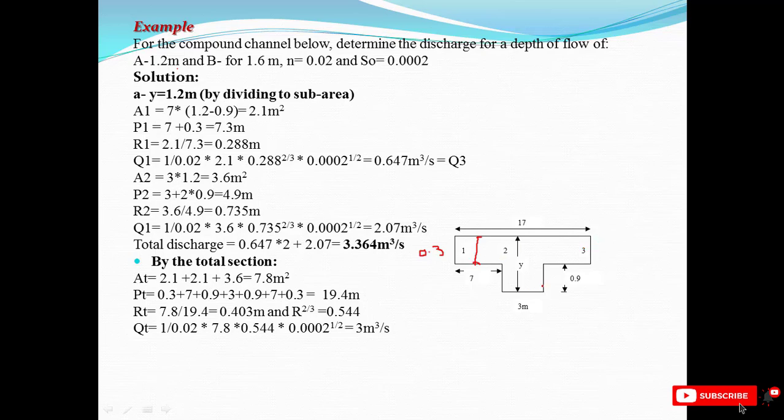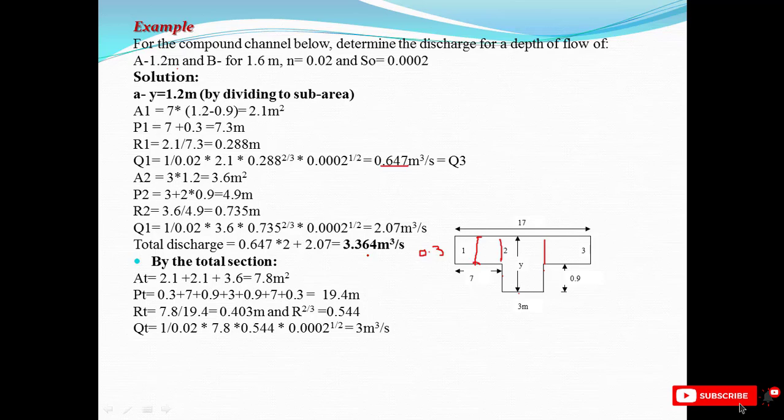For Q2, A equal to y, which is 1.2 times 3. P is equal to, instead of 1.2, because here and here we don't have a boundary, it's water, so P is equal to 0.9 plus 0.3, 2.9 plus 0.3. Find R, and the discharge is equal to 2.07. Two times the previous discharge plus this is equal to the total discharge.